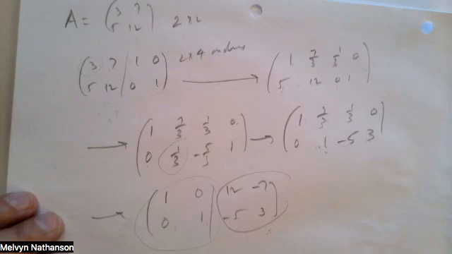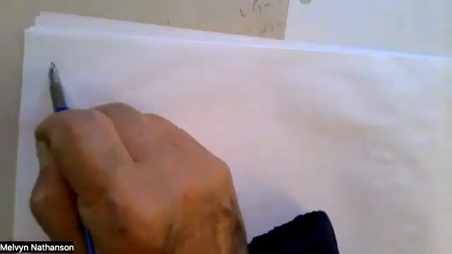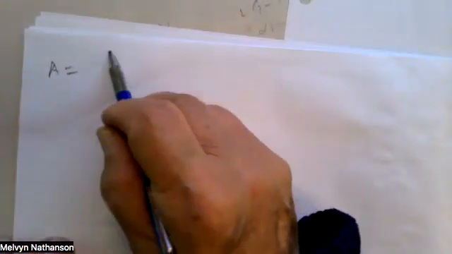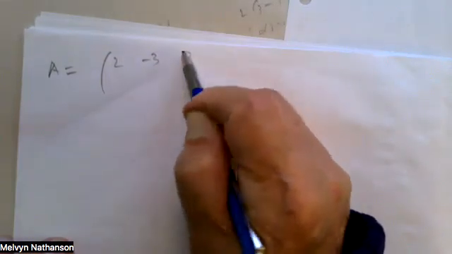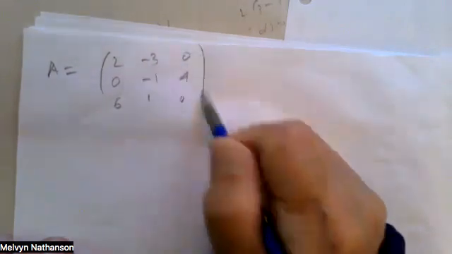Let's do another example, and see if I can get the arithmetic right. Suppose I take A to be the matrix 2, minus 3, 0, 0, minus 1, 4, 6, 1, 0.